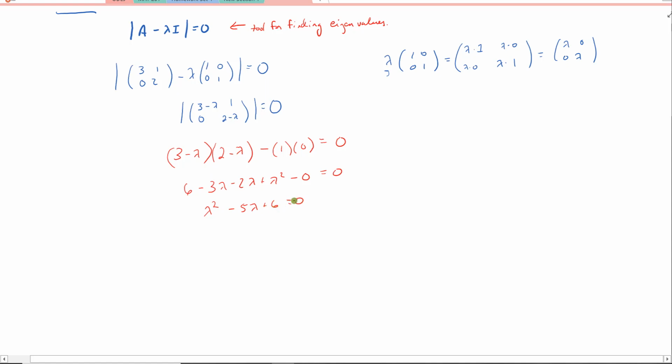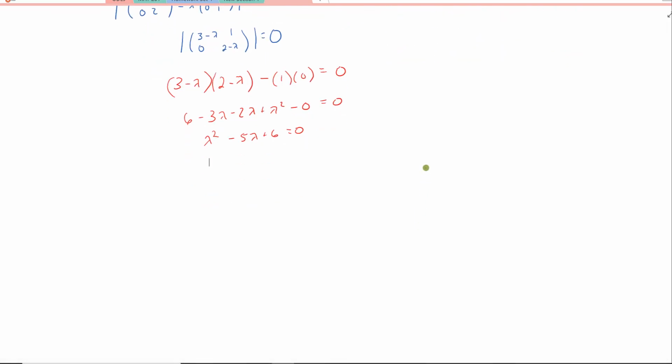So folks, the left-hand side here is called the characteristic polynomial because it came from the characteristic equation. Notice that it will always be a polynomial in terms of lambda, and so we can go ahead and find the zeros of this polynomial. In this case, it's just a quadratic, and it factors as lambda minus 3 times lambda minus 2 equals 0.